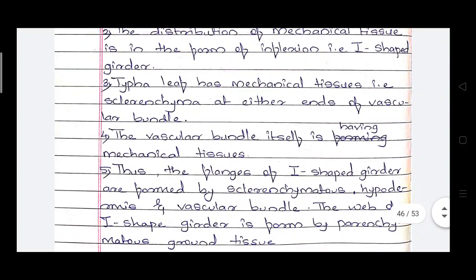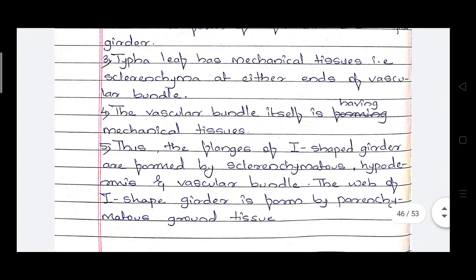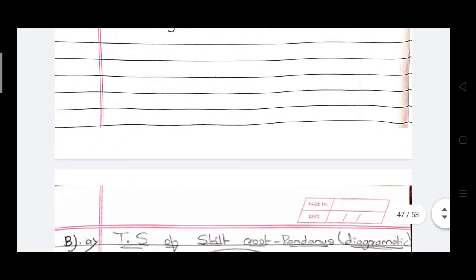Then the flanges of the I-shaped girders are formed by these sclerenchymatous cells, hypodermis and vascular bundles, and the web of these I-shaped girders is formed by the parenchymatous tissues.